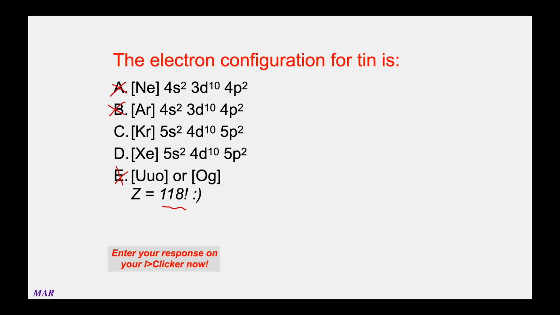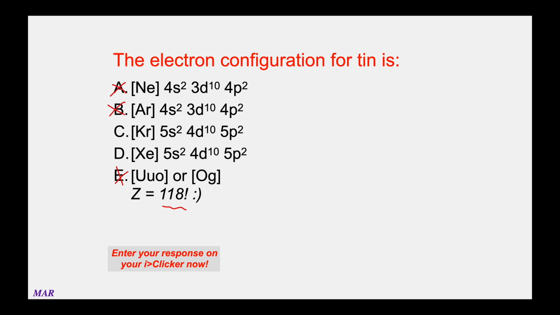So 5p1 would be indium, and that means that tin would be 5p2. But you can see the difference between the answers C and D is, do we use krypton or do we use xenon? And it kind of feels like maybe you should use xenon because it's a lot closer to tin than krypton is. But the rule is you always go backwards.